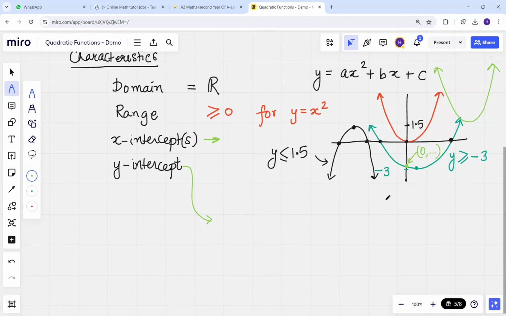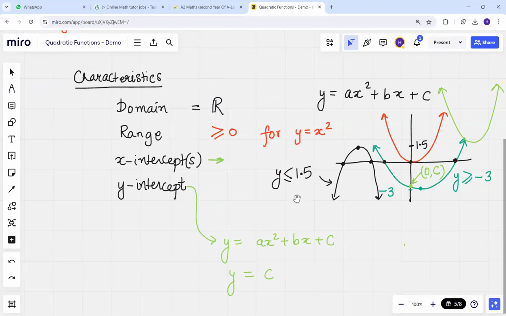That's the y-intercept. So I have to plug in x equal to 0 to get the y-intercept. If you plug in x equal to 0, you get c. So the y-intercept is always c. If you are given the function y equal to ax squared plus bx plus c, the y-intercept is (0, c). That's always the case.